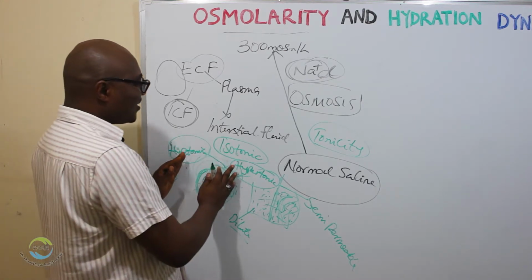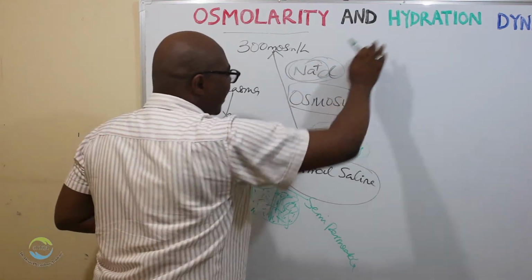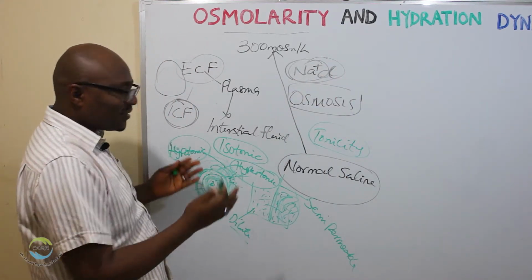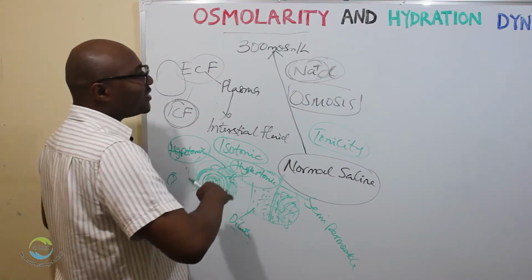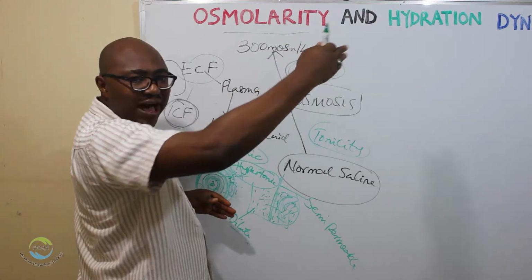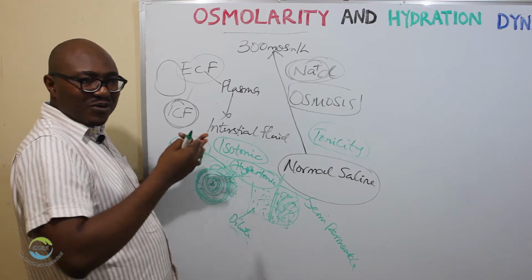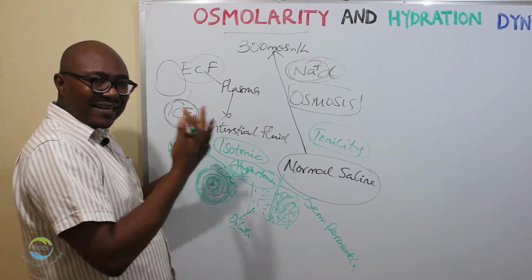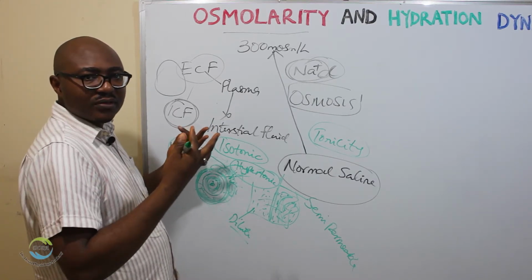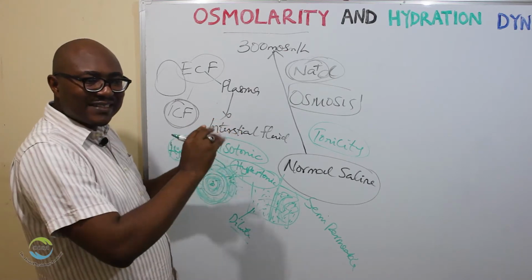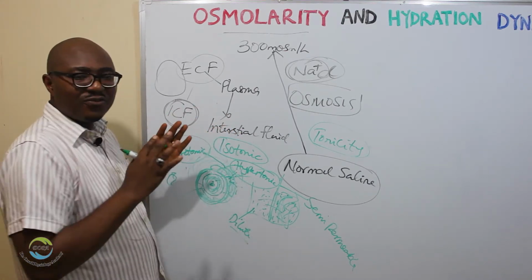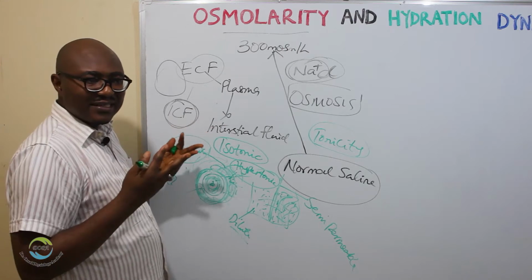Now we're going to relate it with hydration, which means that you can have isotonic overhydration. That's when the fluid compartment volume is higher than what it should be. Remember the plasma is 3 liters, interstitial fluid is what? 11 liters.